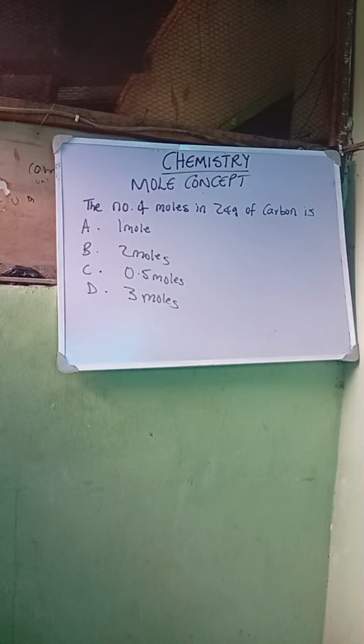B, 2 moles. C, 0.5 moles. And D, 3 moles. Let's see what we can do.